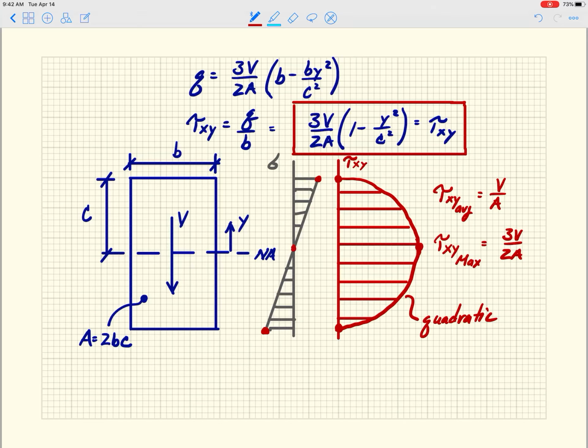And where the bending stress is a minimum at the neutral axis, that's where my shear stress is the maximum. So there's this sort of trade-off, right?